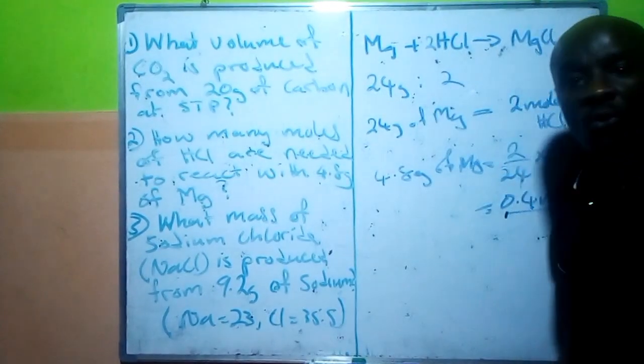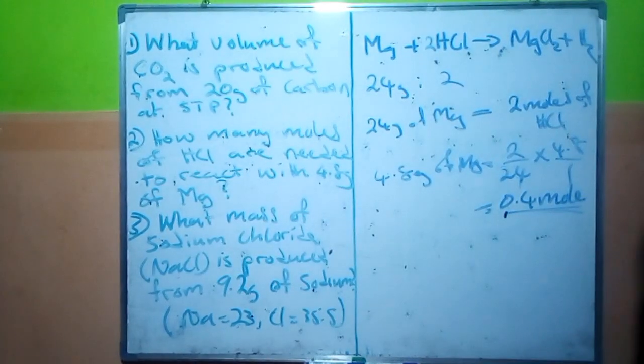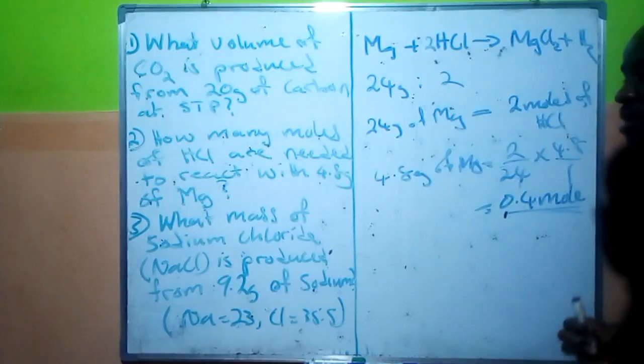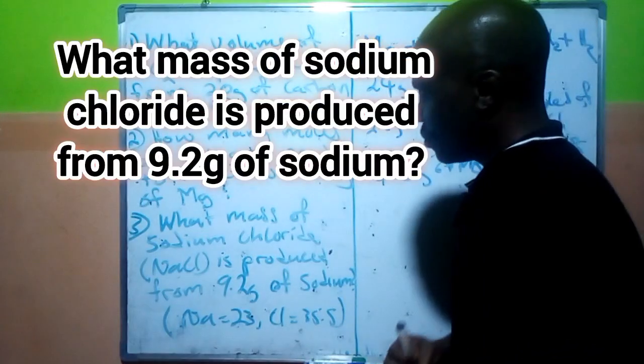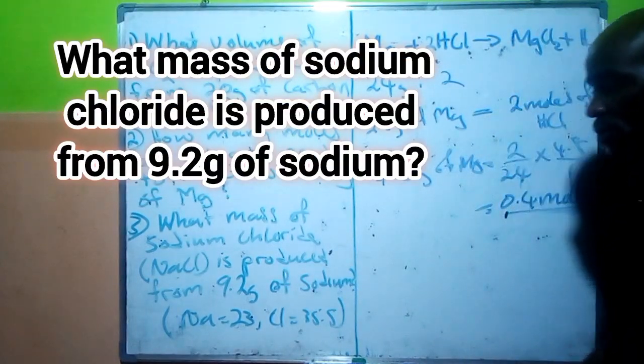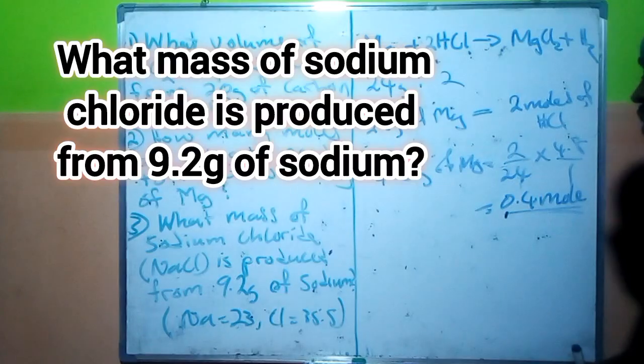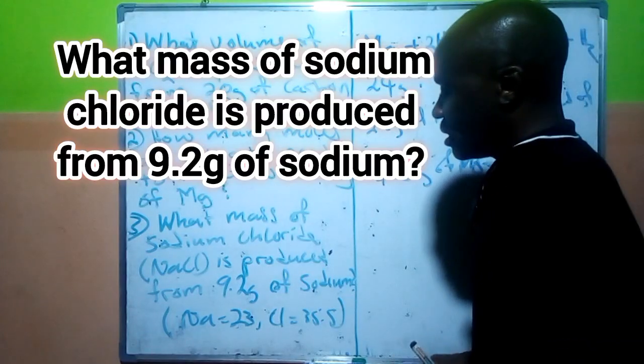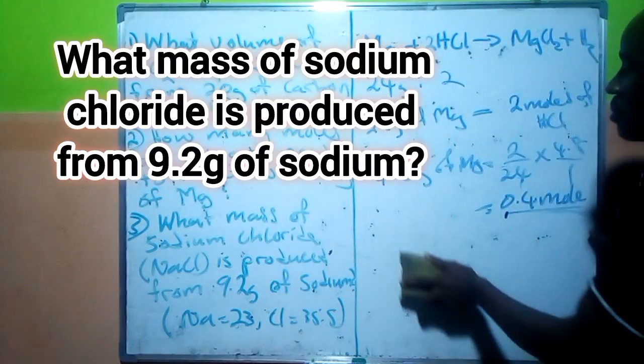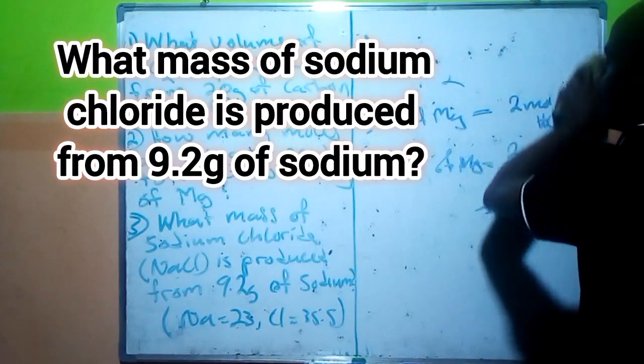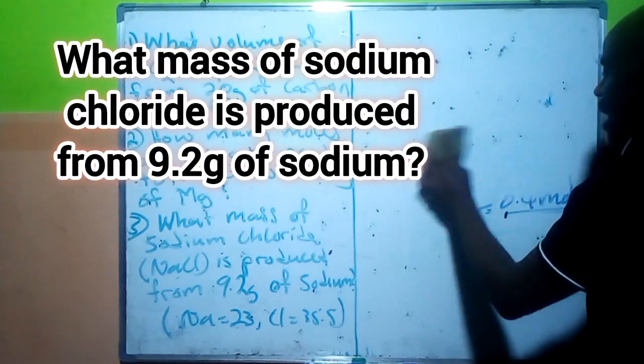This is for mass to mole. So the last one we have here deals with what? Mass to mass. In the question it said, what mass of sodium chloride is produced from 9.2 grams of sodium? You see that, coming from one mass to another mass.